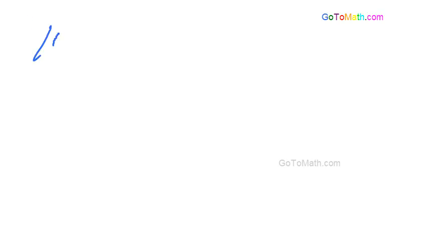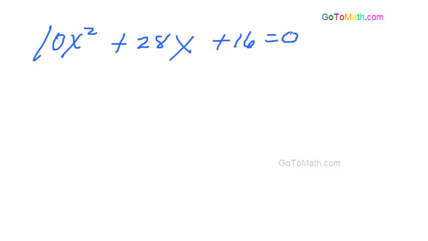We got 10x squared plus 28x plus 16 is equal to 0. Now what we can do here is factor out. Let's see, we can pull probably a 2 out. Hopefully that'll make things a little better.